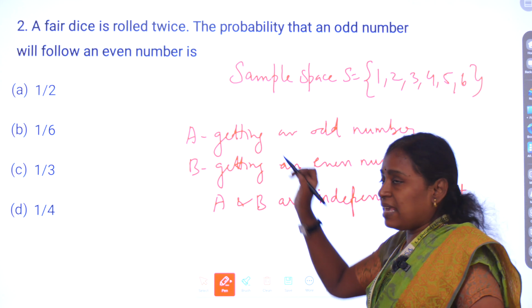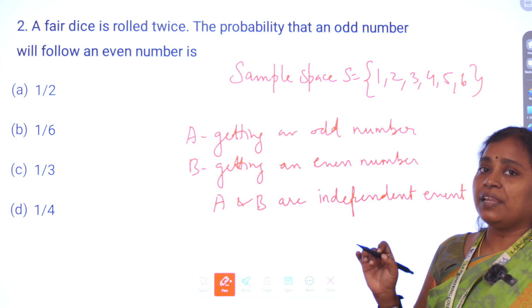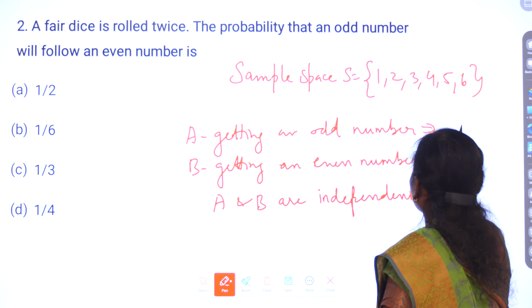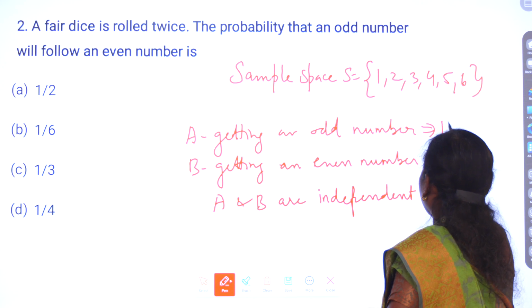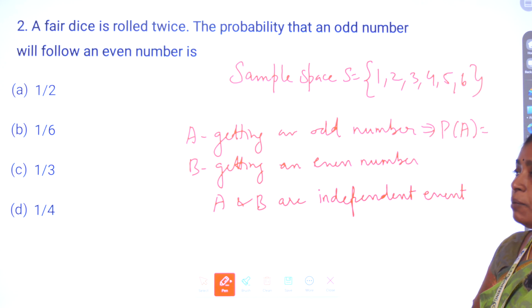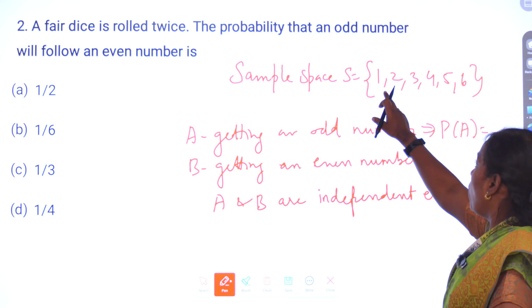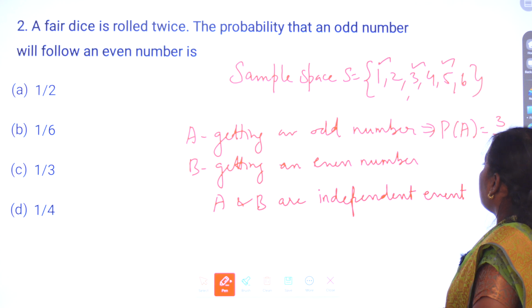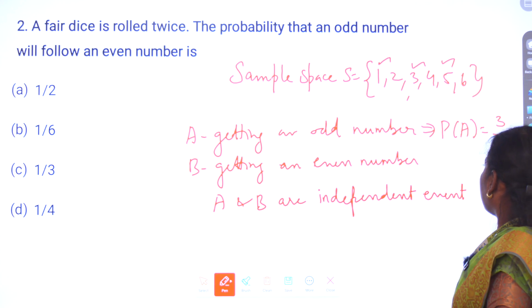Now what is A? A is an event of getting an odd number. So now find the probability of getting an odd number. What are the odd numbers here? 1, 3 and 5. So you have 3 numbers out of how many? Out of 6.